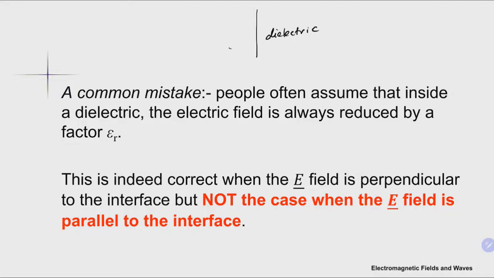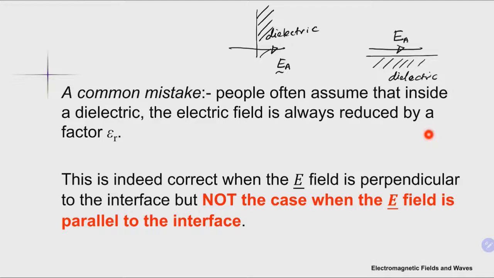When you apply the field perpendicular to the dielectric materials. If you have the dielectric materials and you apply the electric field in this direction, the electric field inside the materials is also equal to EA.